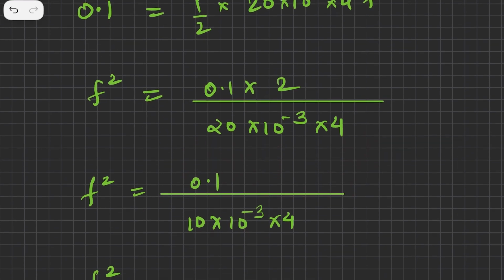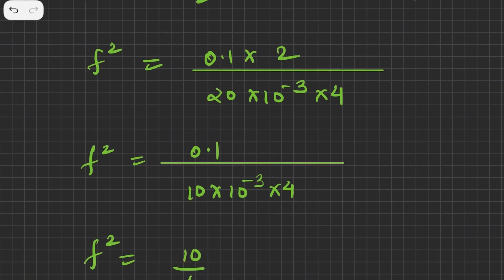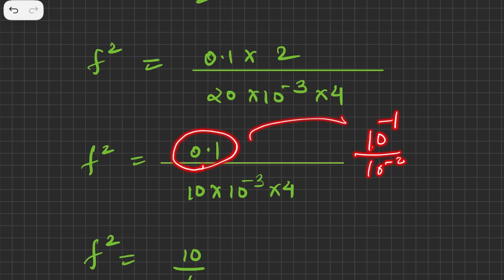And from here, 2 ones are 2, 2 tens are 20. So I get 0.1 upon 10 into 10 raised to minus 3. Now if you see, this is 10 raised to 1, if there is nothing, that is 10 raised to 1. So minus 3 plus 1 will give me minus 2. So there is a 10 raised to minus 2 in the denominator, and you have a 10 raised to minus 1 in the numerator, since 0.1 is basically 10 raised to minus 1.